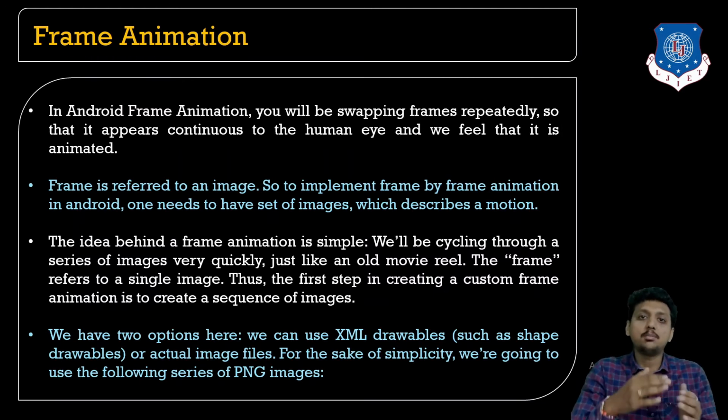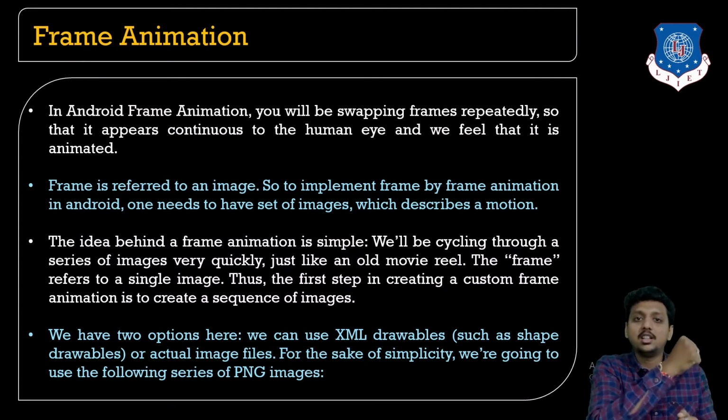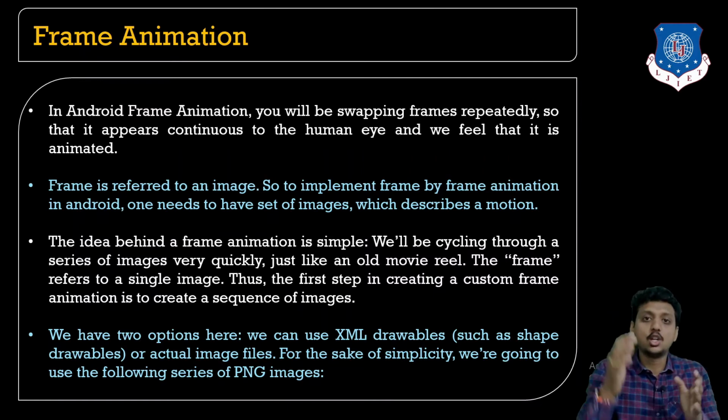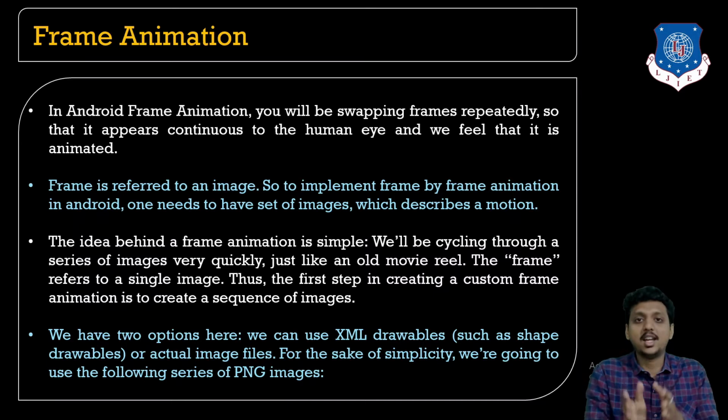To give motion to the cartoon image, if the hand is in this direction, they draw the image with this particular pose, and then they draw it with another pose. They draw the image in a pose, and then continuously move the images, so we feel it is an animation.